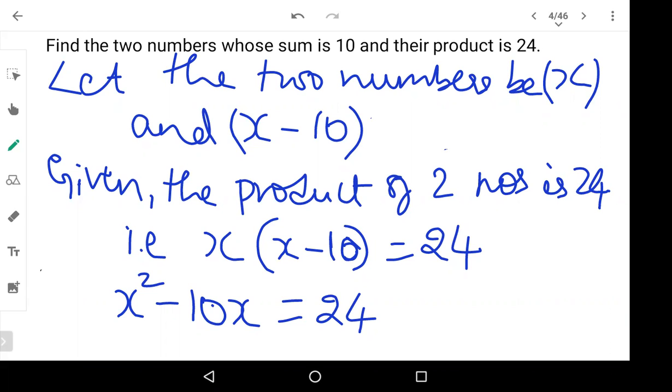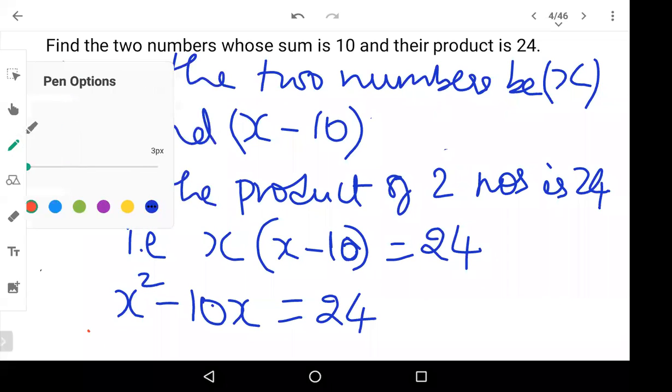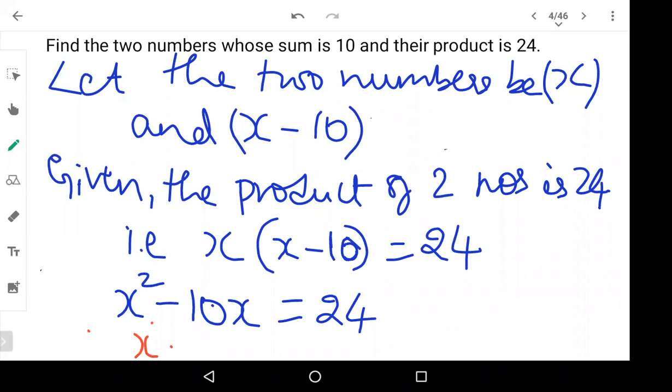Now this is not in the form of ax square plus bx plus c is equal to 0, so let us get into that form. So if I write it as x square minus 10x minus 24 is equal to 0, this is the equation that I require, and I'll be able to solve it easily.